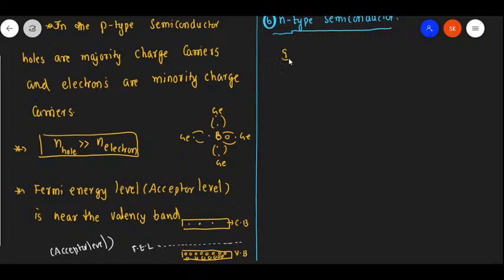If pentavalent impurities, right? Pentavalent means 5 valence electrons, fifth group elements.